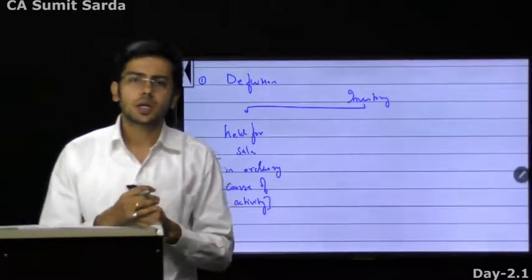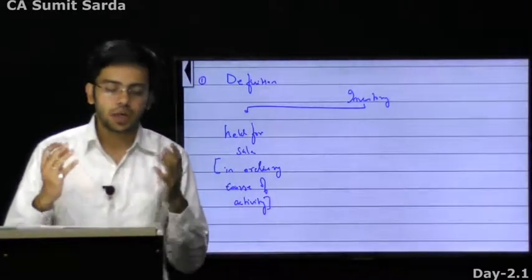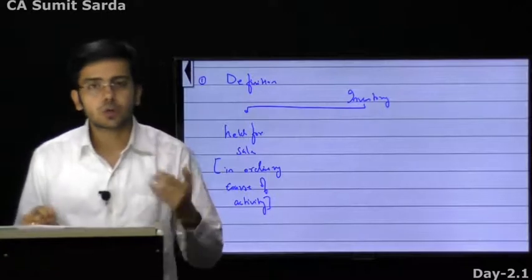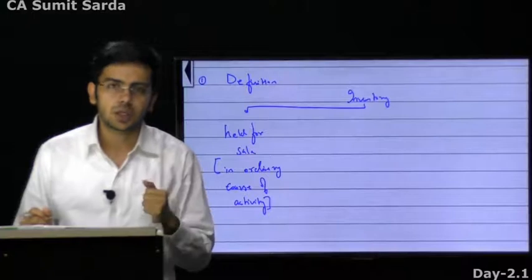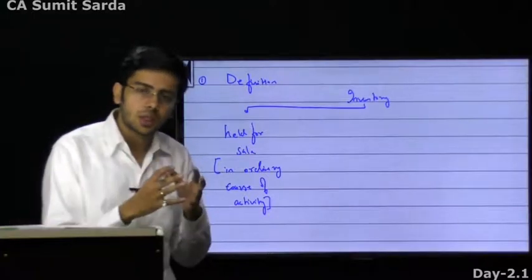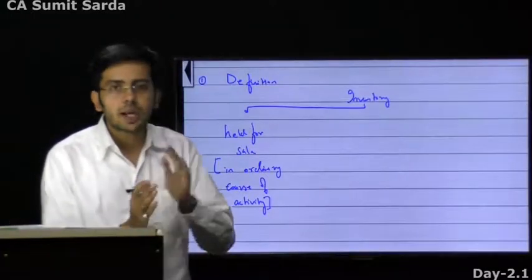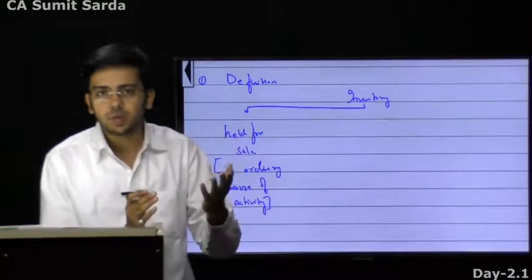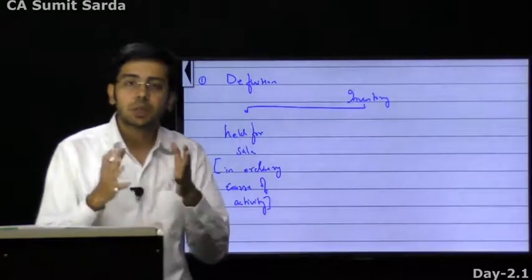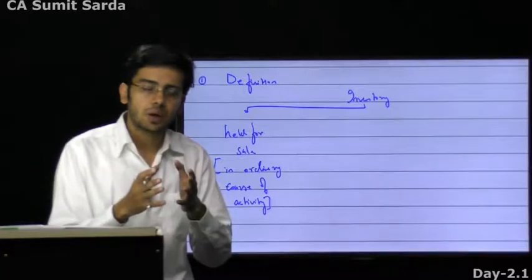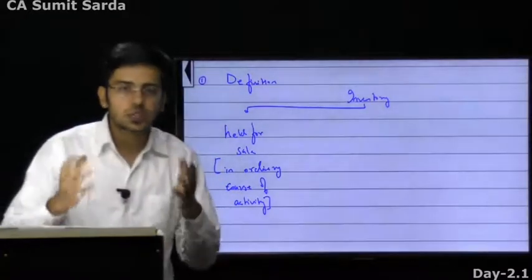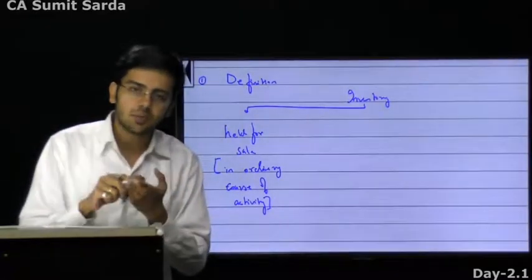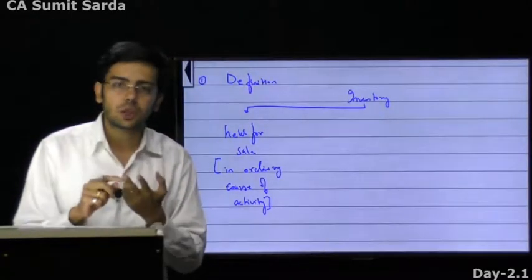That means that if I have a machine in the factory which is used for the production of whatever product that we are making, suppose we are making steel. If steel is something that we sell in the market and ordinarily we are selling it in the market, it is an inventory. But the machine that we have purchased for manufacturing the steel, this machine we are going to sell in the near future when either its life expires or the technology goes obsolete.